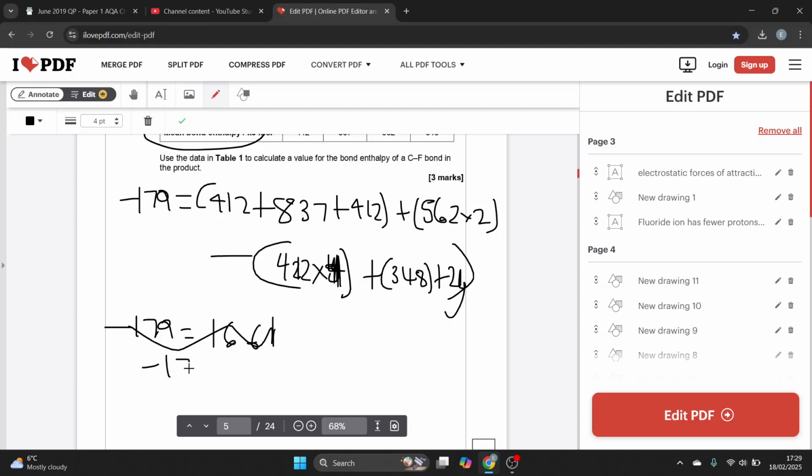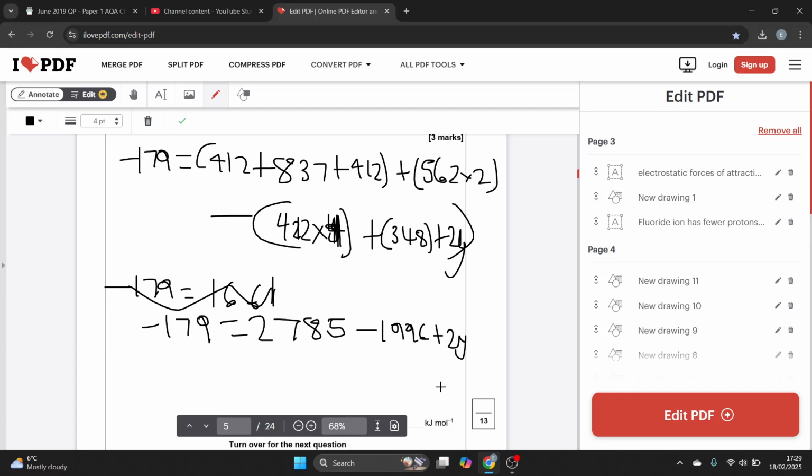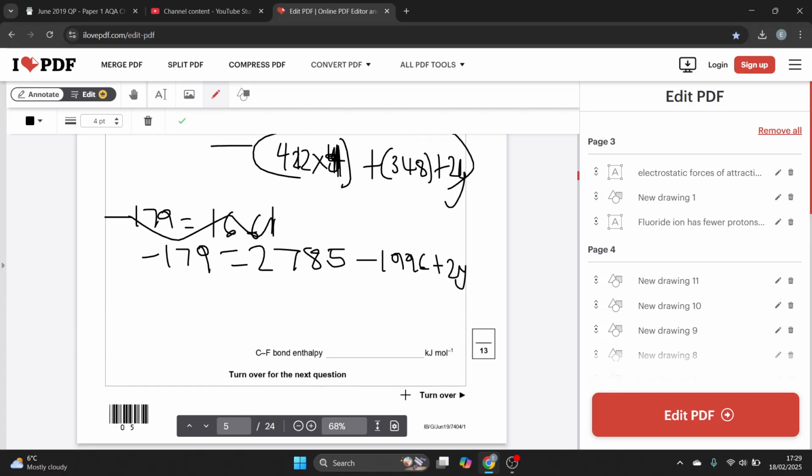So minus 179, 2785 minus, well, I've got 4 and 2 times by 4 plus 348 carbon-carbon bond, minus 1996 plus 2y. Well, let's do that. 2785 minus 1996 is 789. So minus 179 equals 789 plus 2y.